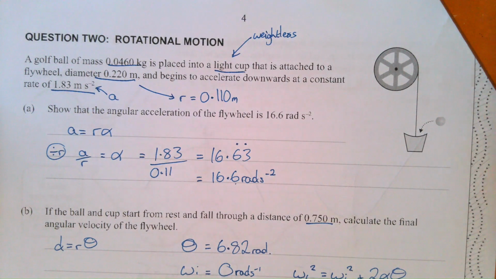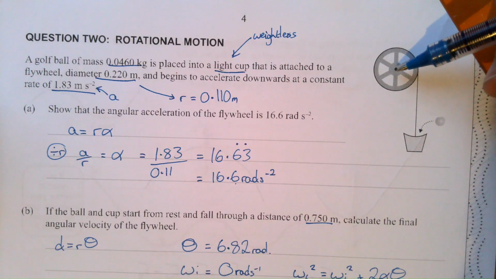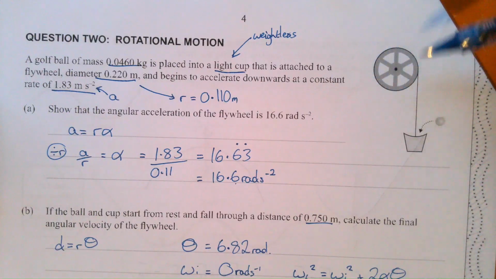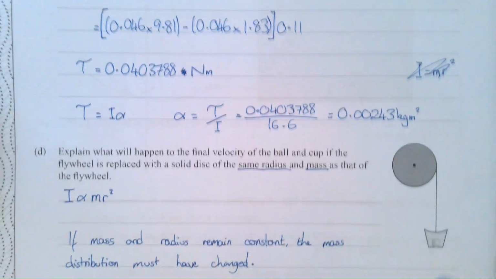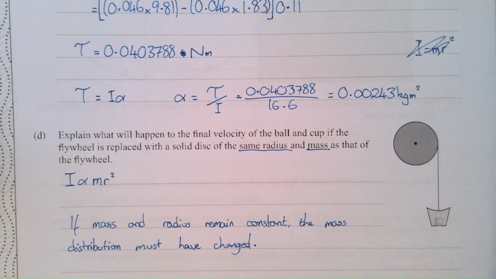And again, if we flick back to the previous diagram of the flywheel, we can see that there's a lot of empty spaces nearest the centre of rotation. A lot of the mass is concentrated on this outer rim, whereas in the new flywheel, solid disk, those areas nearer the centre of rotation are filled in.